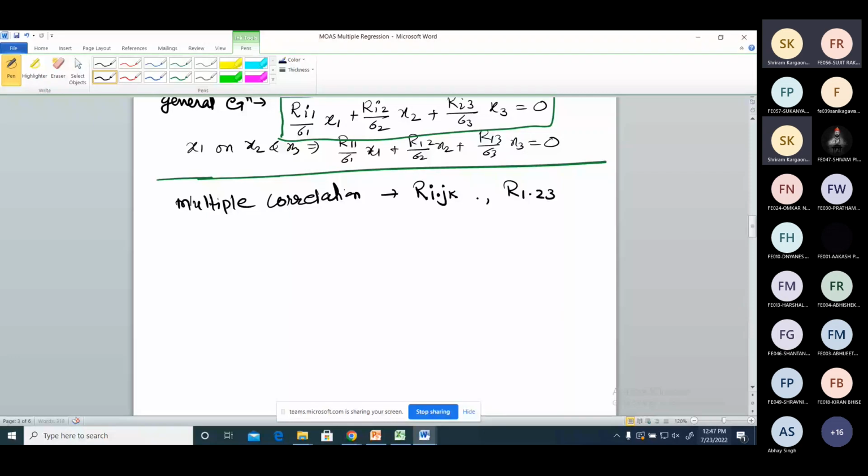These are not numbers; they represent variables. One represents x1, two represents x2, and three represents x3. Whatever you write before the dot is the dependent variable, and whatever you write after the dot is the independent variable.